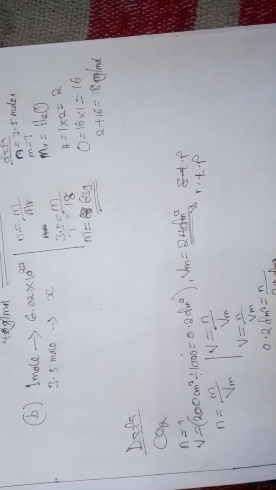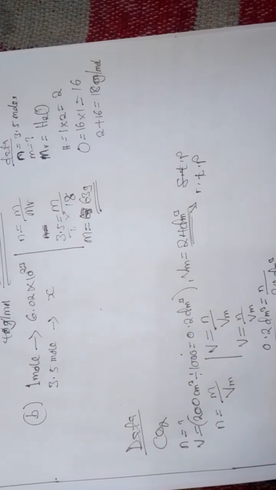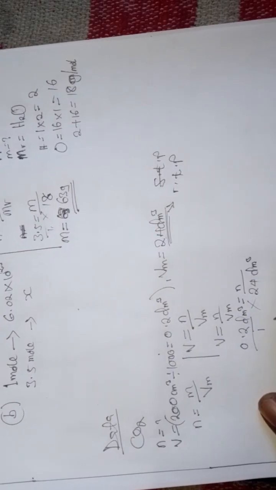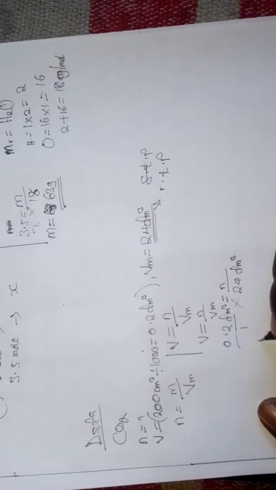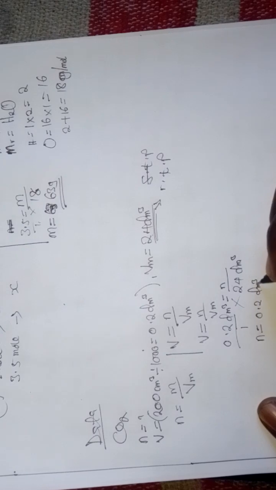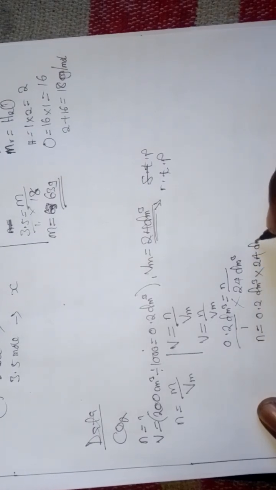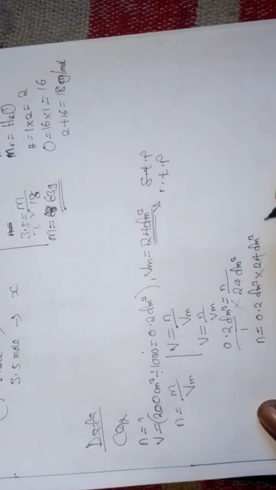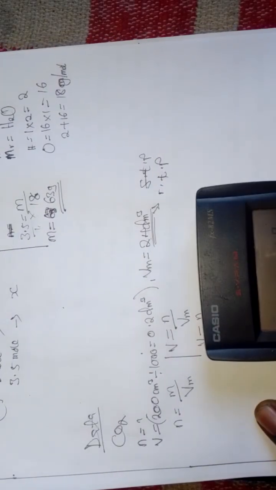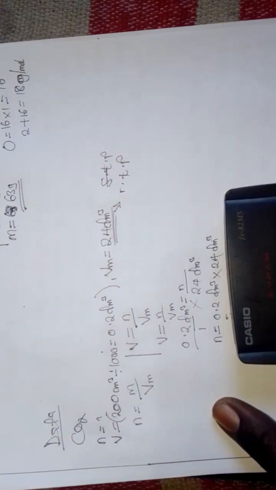Cross multiplying, number of moles is equal to 0.2 times 24 on the calculator.